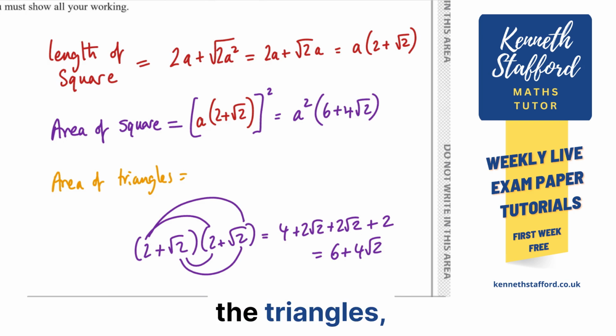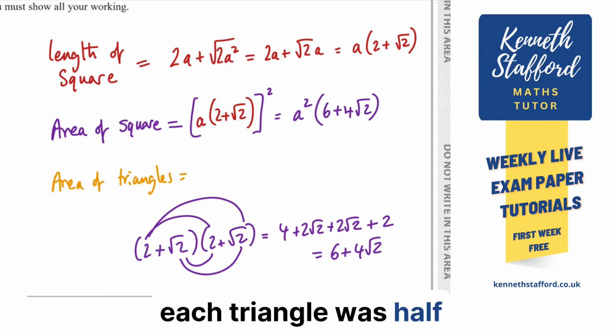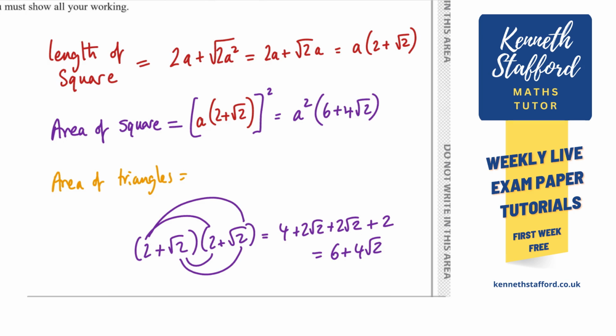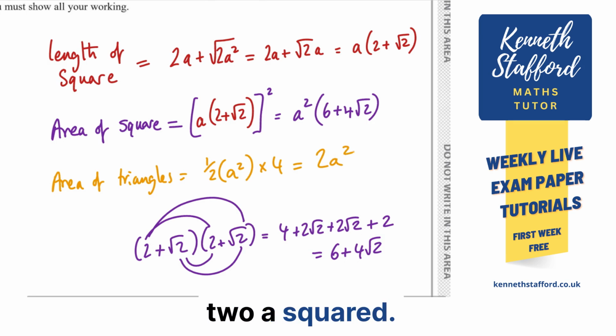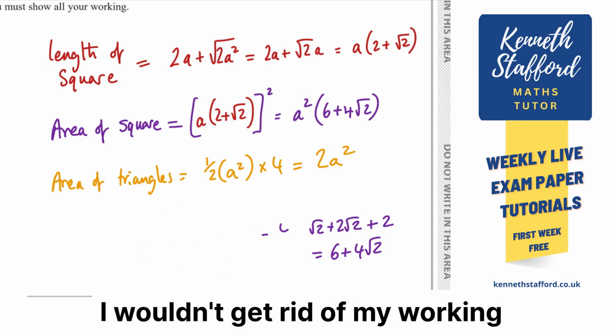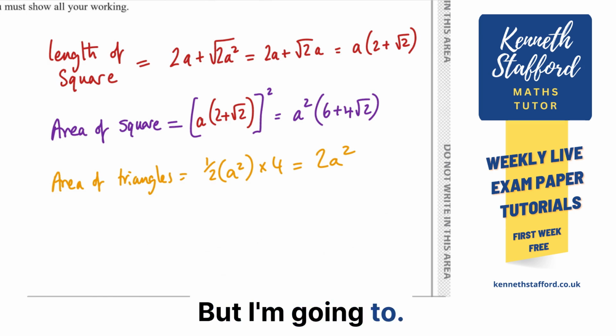Now we said the area of the triangles, each triangle was half of a squared, and there's 4 of them. So we now end up with 2a squared. So obviously I wouldn't get rid of my working out down here in the exam, but I'm going to.